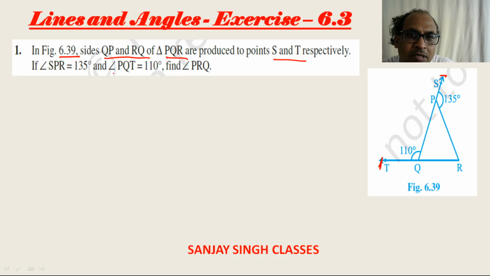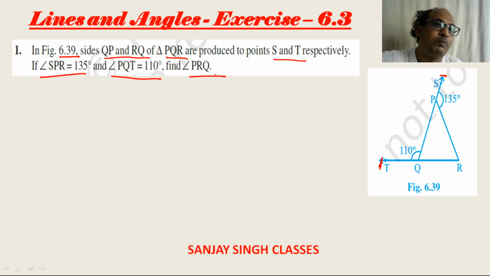So we have got one angle PQT, 110 degrees. So exterior angle we have got. Then we have got angle SPR, that is also an exterior angle. Angle SPR is equal to 135 degree. We need to find angle PRQ. So we need to find this angle.